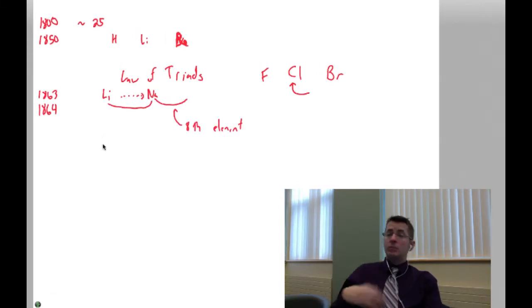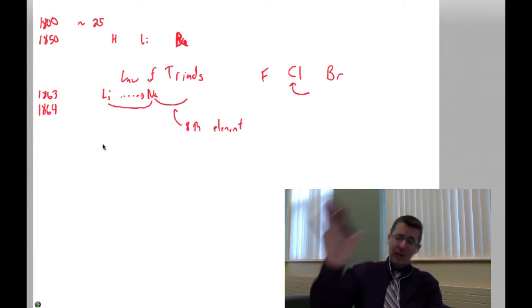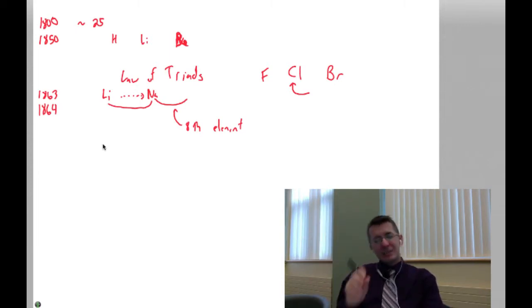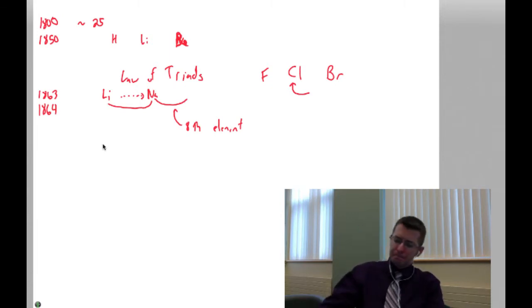Every 8th element would have this reproducible set of properties. He called it the law of octaves, making an analogy with music. Of course, everybody laughed at him, because music and elements? But it turns out he was actually pretty close.